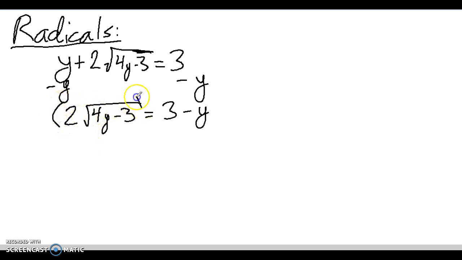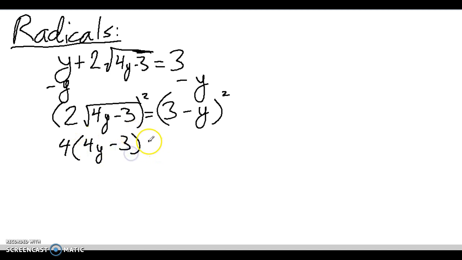So I go ahead and square the left-hand side, square the right-hand side. Exponents do distribute over multiplication, so this is just 2 squared, which is 4, times the square root of this squared, which is just this. On the right-hand side, we have to remember that we're squaring a binomial. It has 2 terms, so we don't just get 3 squared minus y squared.